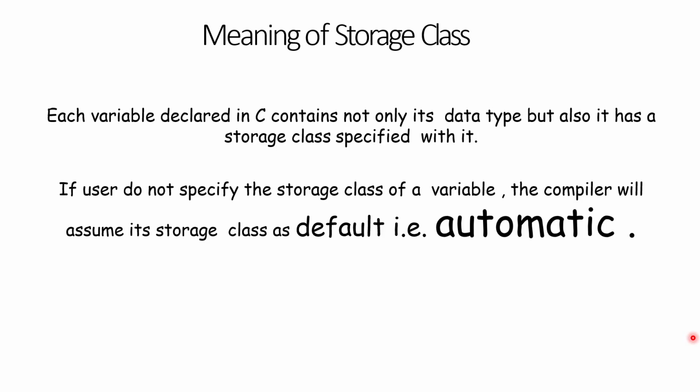For example, you are writing int a equal to 10, and that value 10 should get stored somewhere in a memory location. As a programmer, we map that particular memory address with a variable name a.